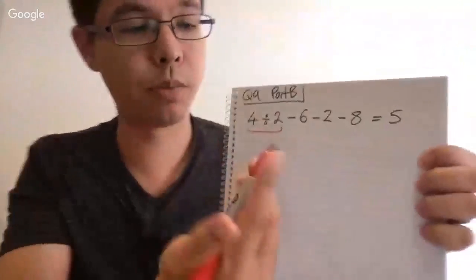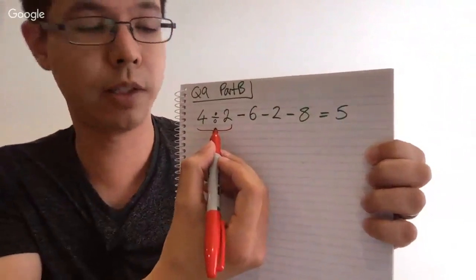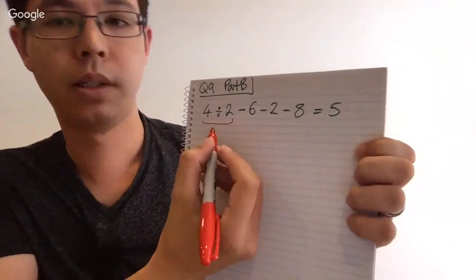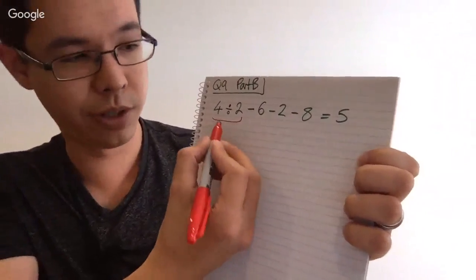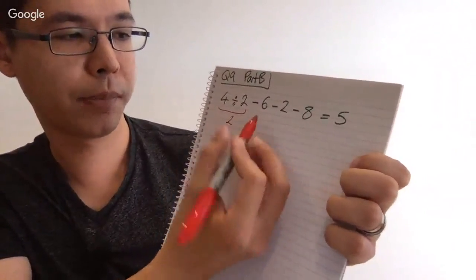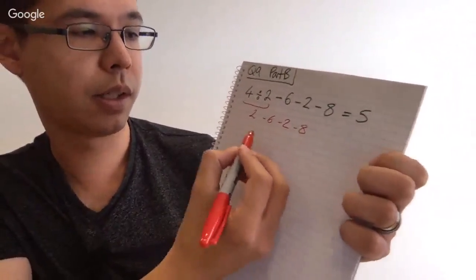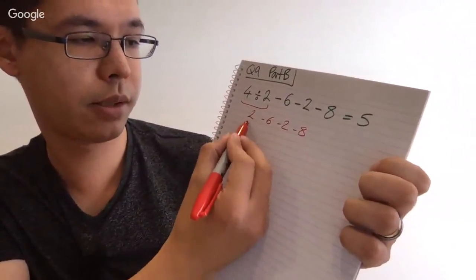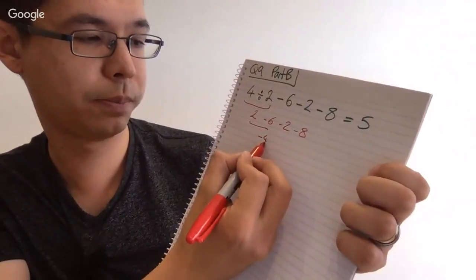So working with the problem as it is, I have to start here because BOMDAS says brackets first. There are no brackets, no orders. There's no multiplication, but there is division. So this is where we should start. 4 divided by 2 gives us 2. And we carry down the rest of the question and see what it becomes. 2 take 6 gives me negative 4.